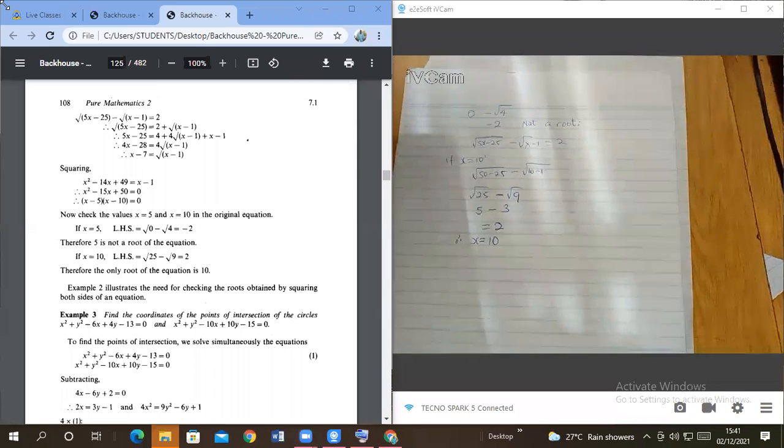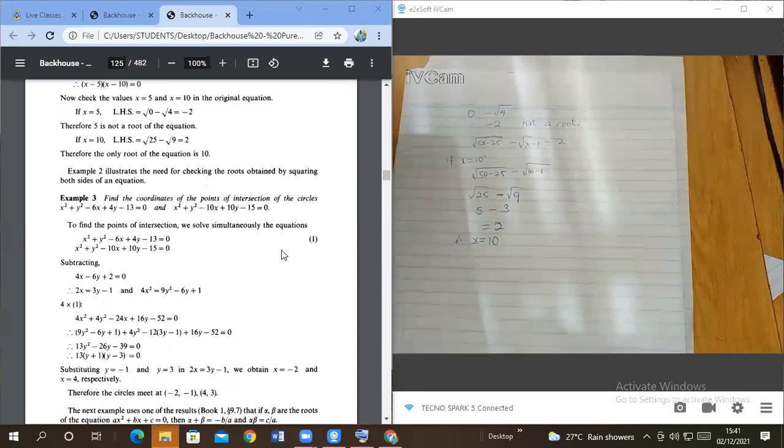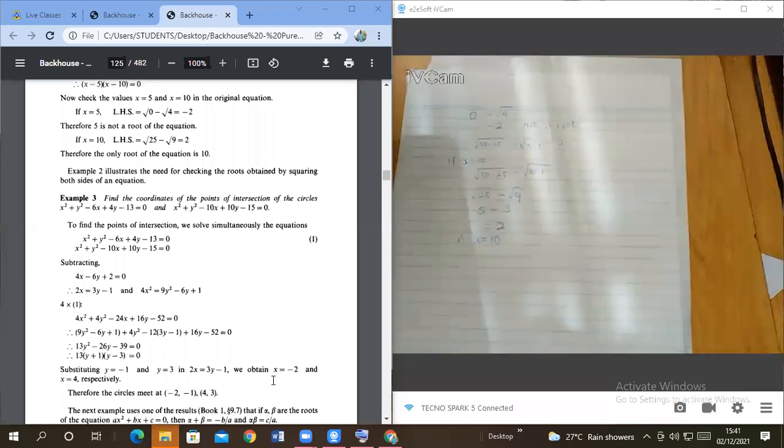Very good. Any question on this before we move on? So meaning for questions where they give us square numbers with square roots, it is always one value of x that is correct. Very true.